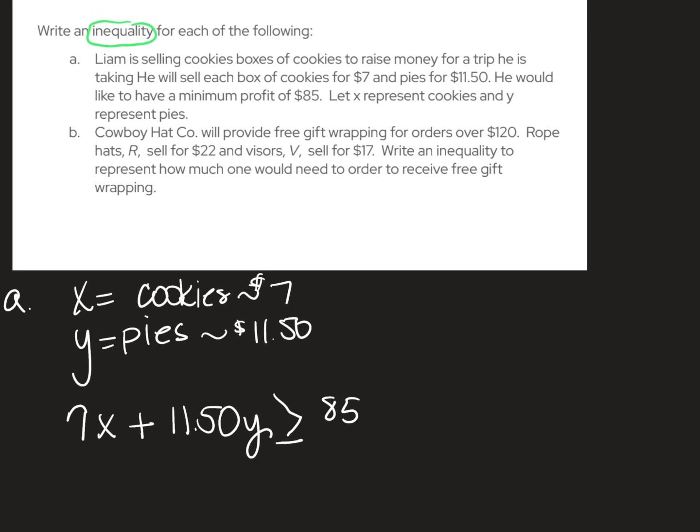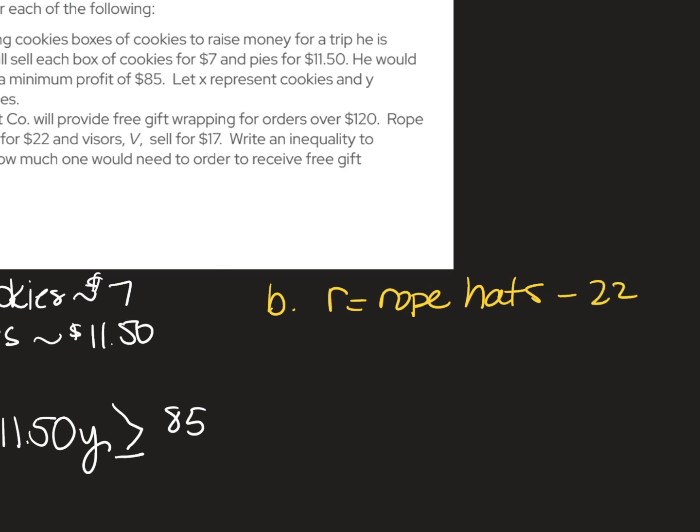All right, B. Cowboy Hat Company will provide a free gift wrapping for orders over $120. Rope hats, which are going to be R, so this one tells us what variables to use, sell for $22. V is going to be visors, and those sell for $17.